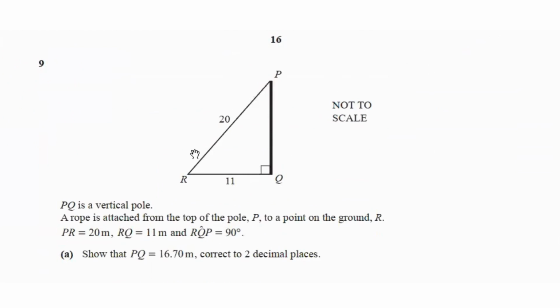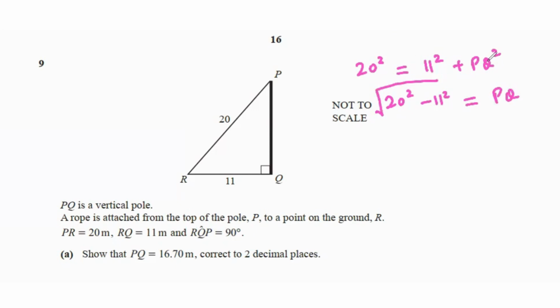Question 9 says PQ is a vertical pole. A rope is attached from the top of the pole P to a point on the ground R. PR is 20, RQ is 11, and RQP is given as 90 degrees. Show that PQ is 16.7. So since it's a right angle triangle, we can use Pythagoras to find the third length. 20 squared equals 11 squared plus PQ squared. The square root of 20 squared minus 11 squared equals PQ.